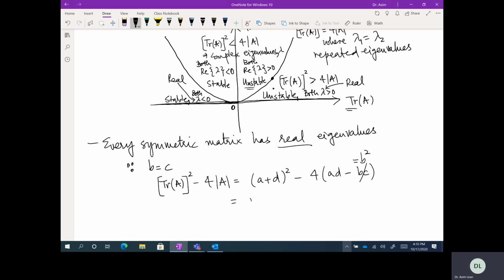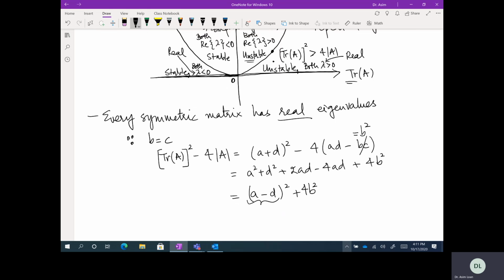Okay. So this becomes A square plus D square plus 2AD minus 4AD plus 4BC. So this is equal to (A minus D) whole square plus 4B square. So this term is positive, this term is positive.